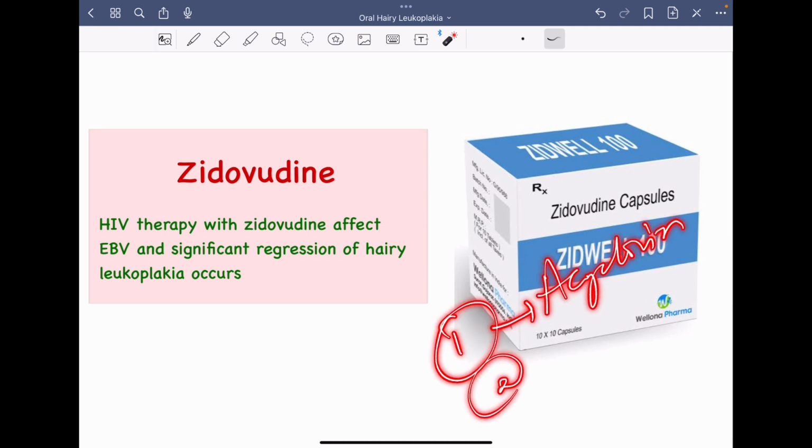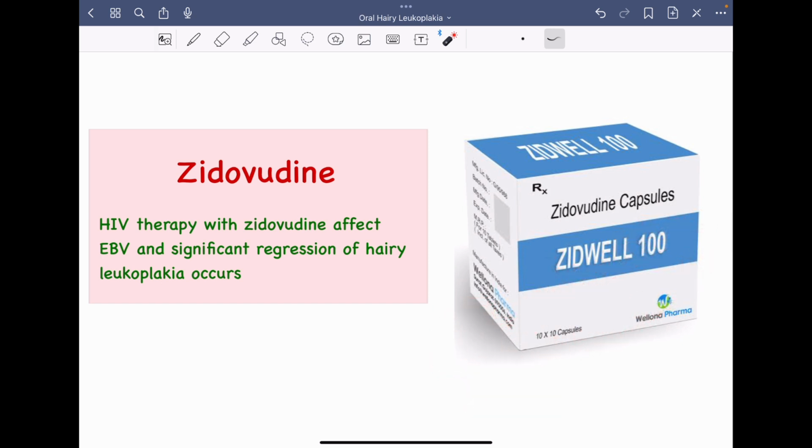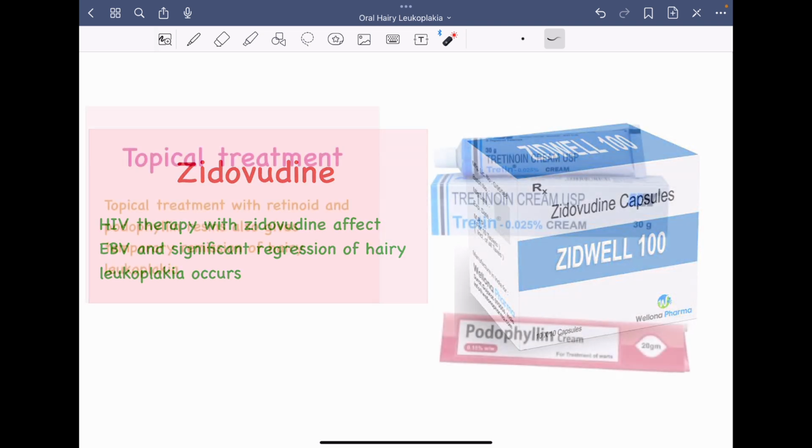Second line of treatment is zidovudine. So these zidovudine capsules are also given in HIV infections, right, to reduce the viral load, and the same is also given in case of OHL, right, to decrease the Epstein-Barr virus count, right? So in HIV therapy, zidovudine significantly produces good effects and there is spontaneous regression of OHL.